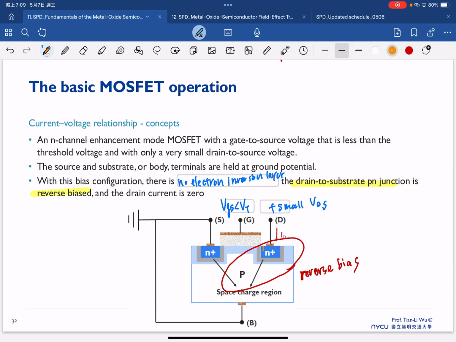But because this is a small bias, we can expect that this depletion region is not that large. This is our depletion region.